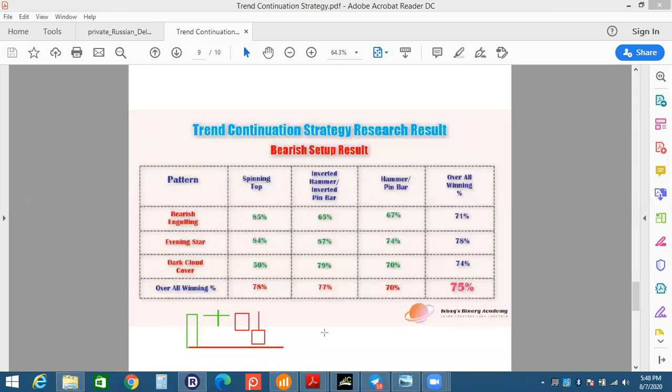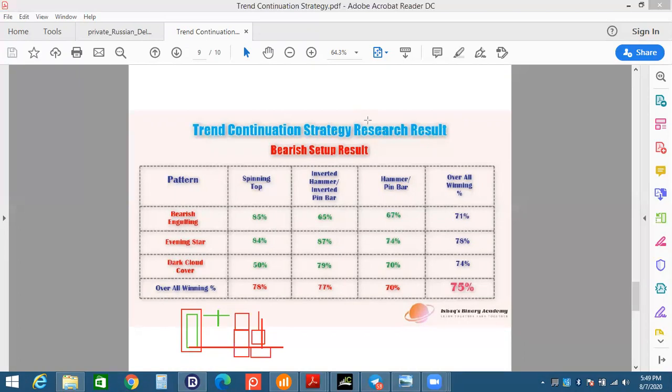If the evening star is crossing this one, and then it appears here, then the result will be good. So you must wait: the first candle must be crossed by the red candle. Then the result will be good.